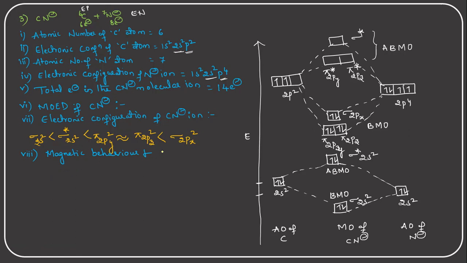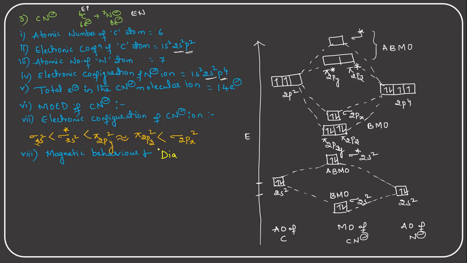Why is it diamagnetic? Because all are paired electrons and they repel each other. So the spin motion will be zero, and the orbital motion is also zero. Because of this nil motion, there will not be any motion in the electron.